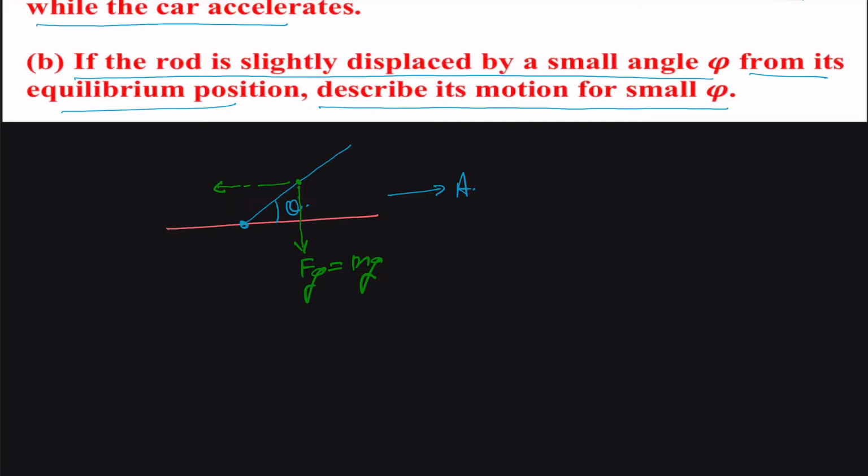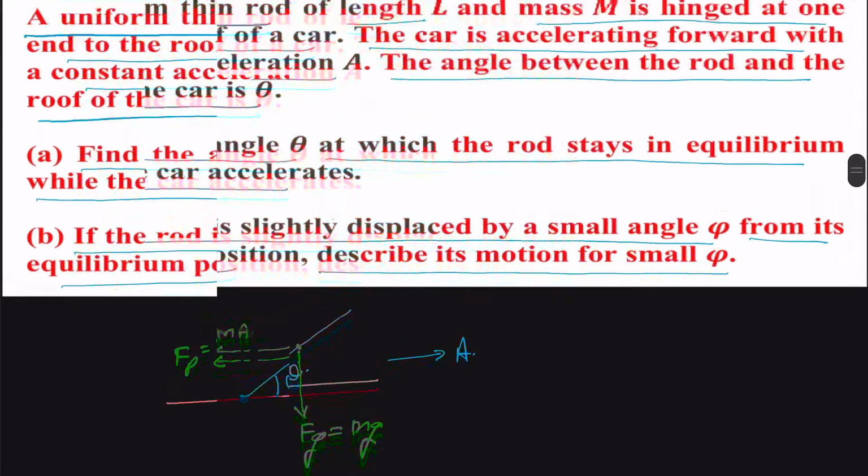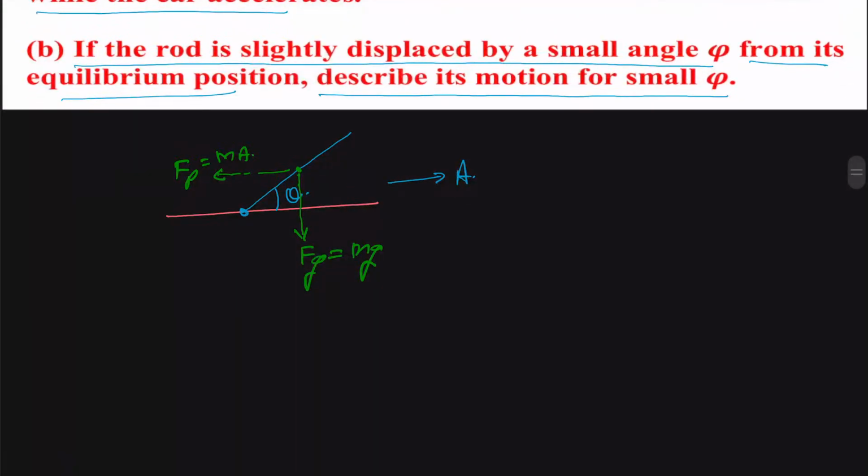Let us call this Fp, and that will be equal to m times a in magnitude. The length of the rod is given as L, therefore the center of mass will be at a distance of L by 2. So this is our center of mass.